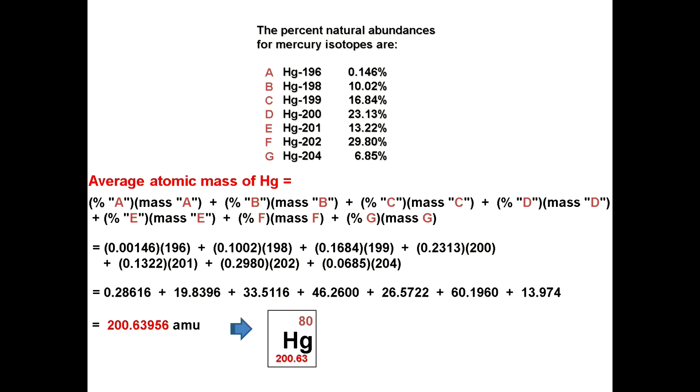There are a total of 7 isotopes. We just put all 7 isotopes together. We can use this way to calculate the average atomic mass, and finally we get this number.